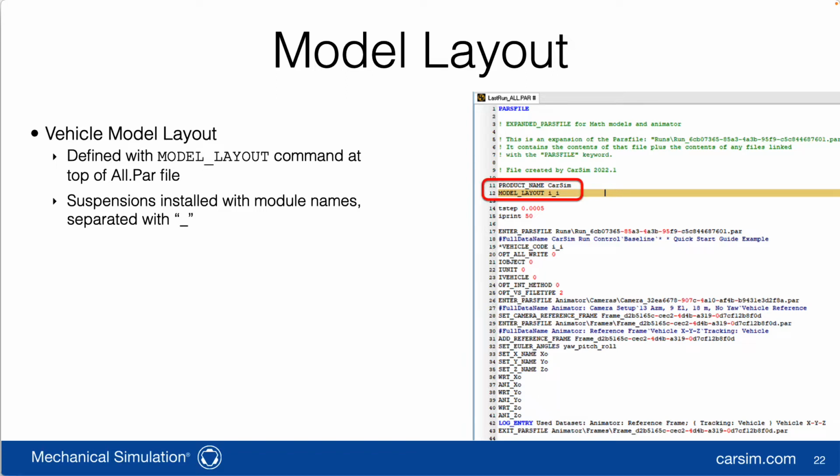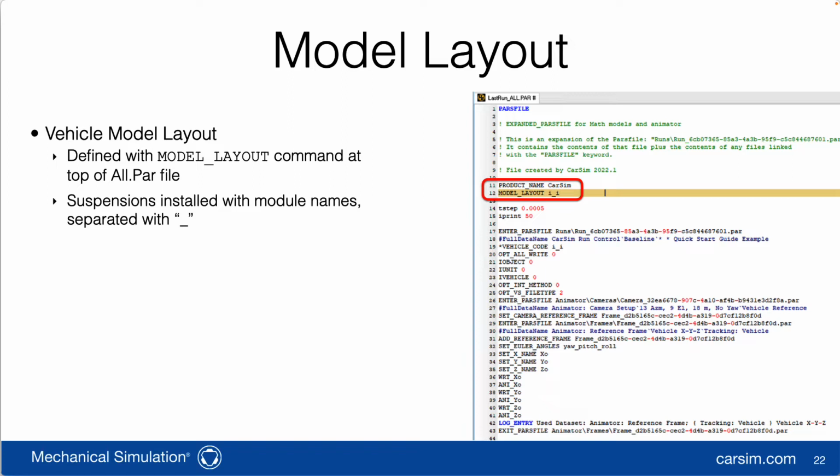That is a command that has a string telling you what the modules are, and it lets the solver build up a layout of what the vehicle will be, so it knows how many wheels there will be, how many axles, how many sprung masses, and it can start processing the input parse files to know how many elements there are. All the details aren't there yet, but it does have the basics of where things are attached.